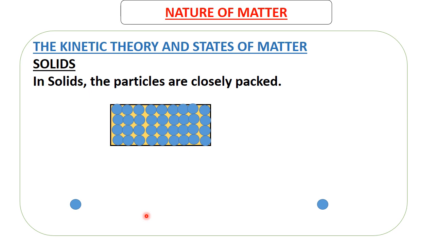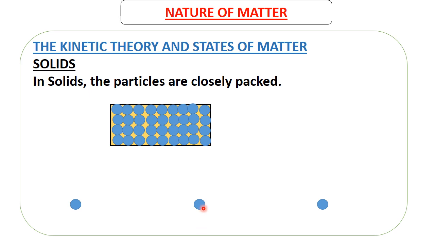But why is it that in solids we don't see particles moving away, or a solid breaking apart or losing shape? Why is it that we have fixed shape and fixed volume in solids? Let's assume there's another particle here which is also close to these 2 particles.